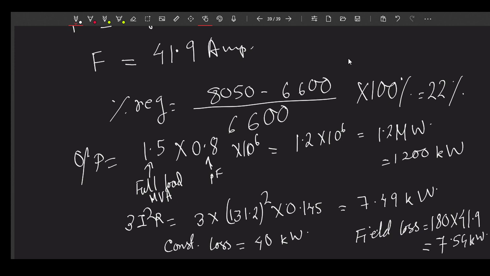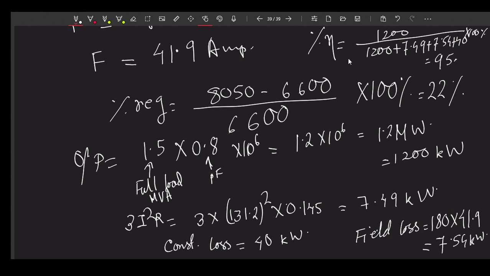So percentage efficiency will be 1200 divided by 1200 plus 7.49 plus 7.54 plus 40, into 100%. Whatever you get, it is 95.6%.